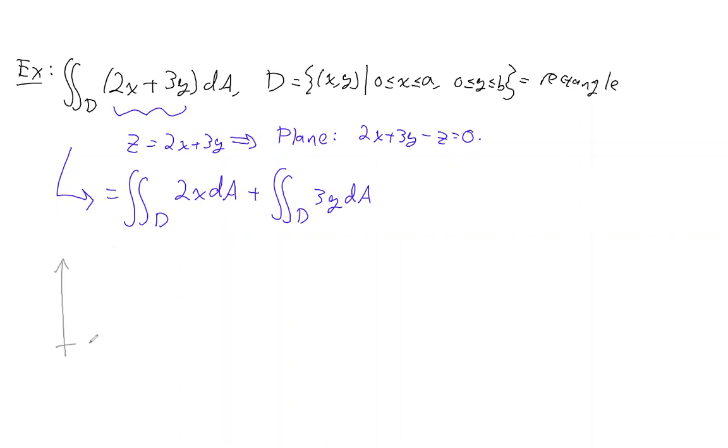If z equals 2x, what that really means here is x and here's z, and here's the line z equals 2x, where x is going from 0 to a.